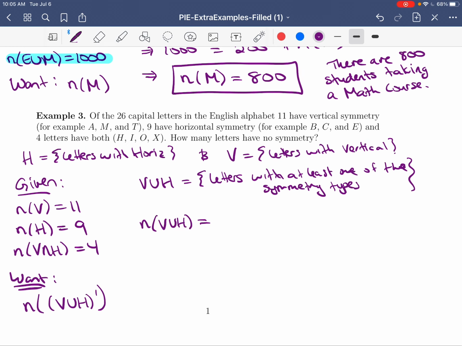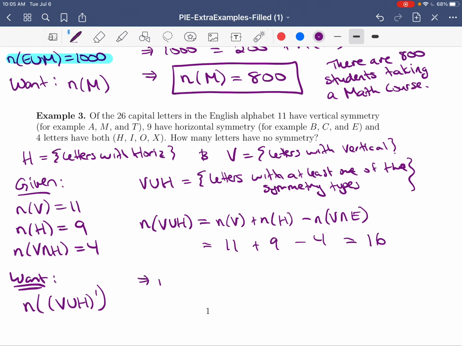So the number in the union is the number in V plus the number in H minus the number in the intersection. So that's 11 plus 9 minus 4, so that's 16. Okay, so there's 16 letters that have some symmetry.